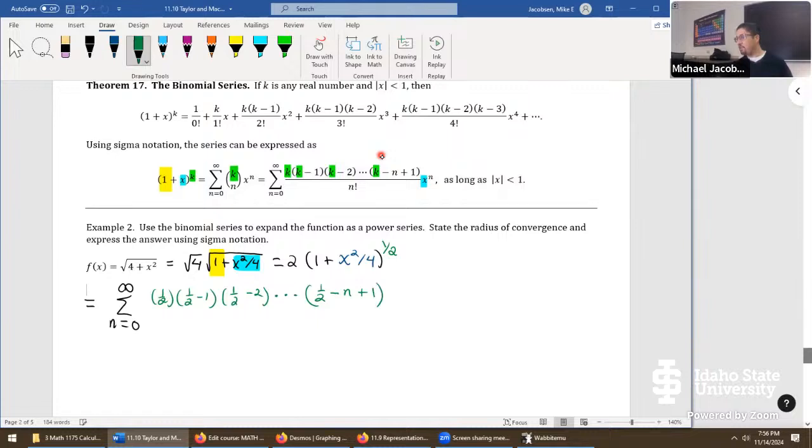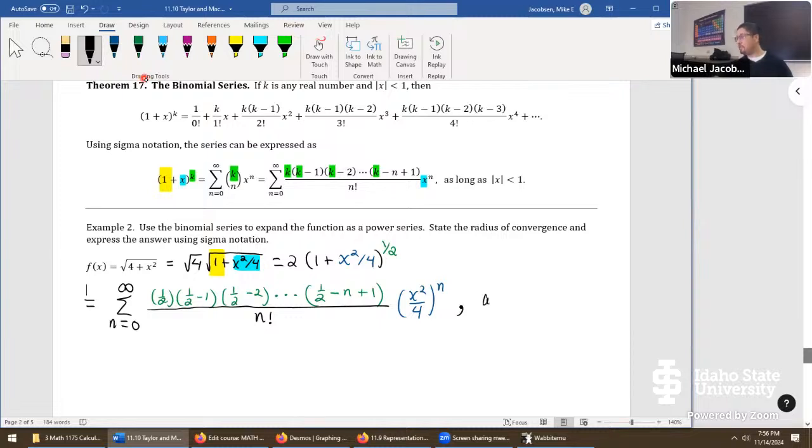Let me actually get that 1 in there. There we go. The whole thing is being divided by n factorial. And x over here is not exactly x. It's x in the formula, but what we're plugging in is x squared over 4. This will be raised to the nth power.